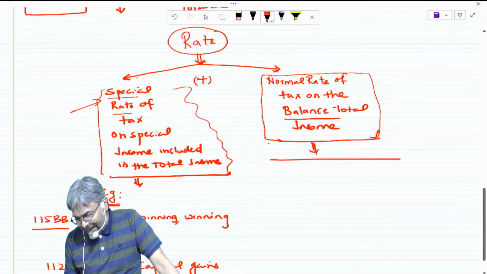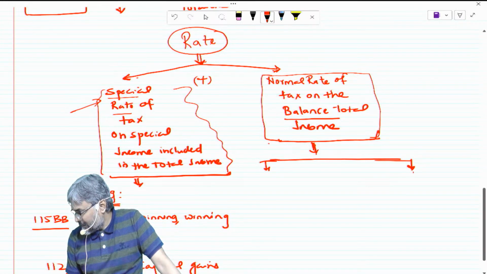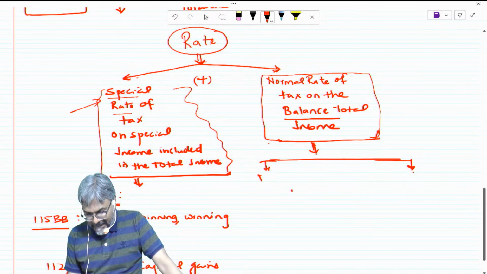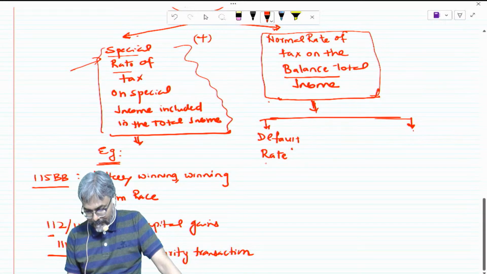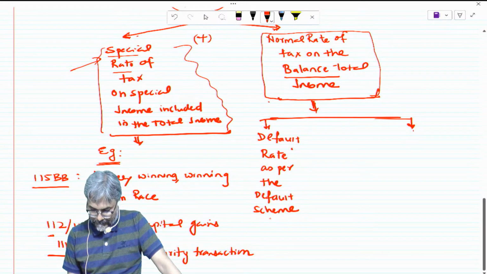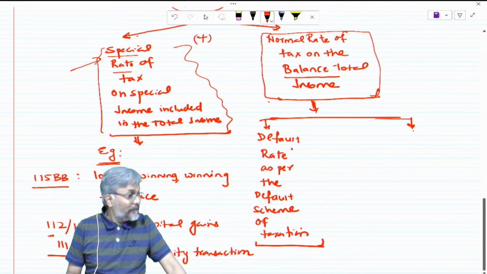There are two rates, students. One is the default rate, as per the default scheme of taxation. This is the most important thing.